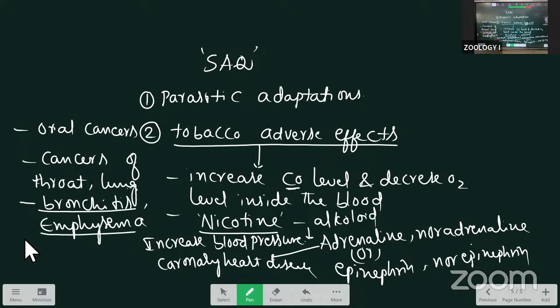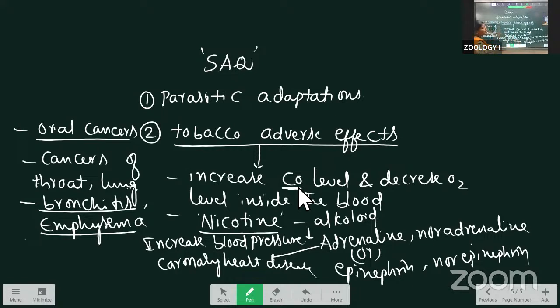And those who are chewing tobacco have the chance of getting oral cancers. This one is about the adverse effects of tobacco. Tobacco increases the carbon monoxide level in the blood, and the carbon monoxide decreases the oxygen level. It also contains an alkaloid, nicotine, that stimulates the adrenal gland, which is present above the kidney.